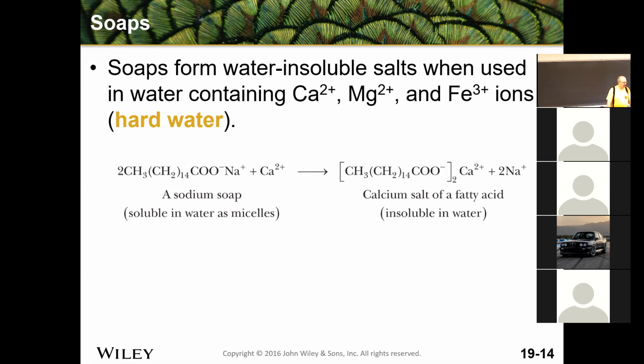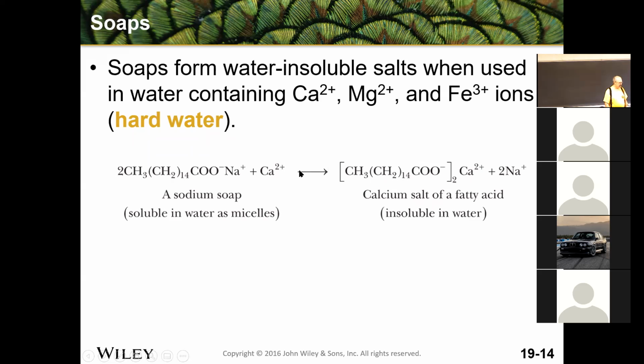If you have hard water, and hard water is water that contains high amounts of calcium and magnesium ions. Well water usually contains iron 3 ions as well. And what happens is that the sodium salts or sodium soaps do an exchange. The calcium replaces the sodium.